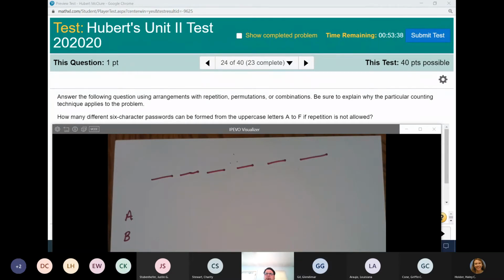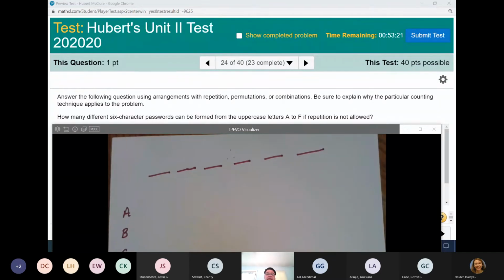Permutation. Not permutation, but what makes up the permutation? Starts with an F. Factorial. Probably. I would suggest that mainly. That's what I would do.